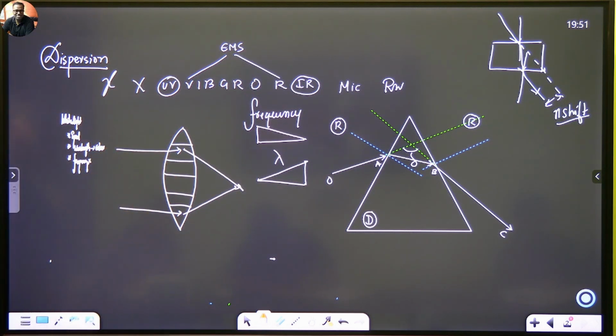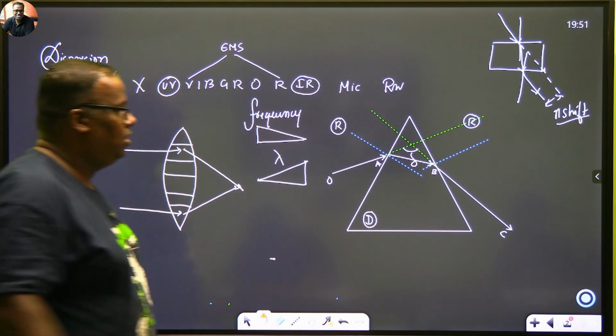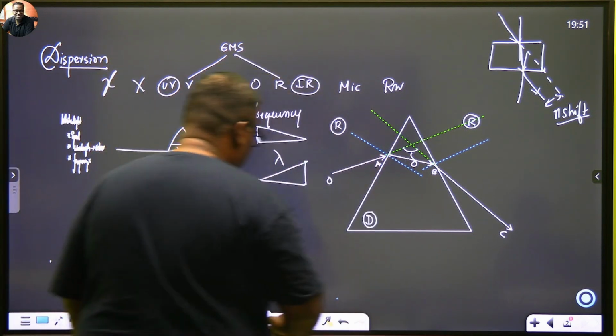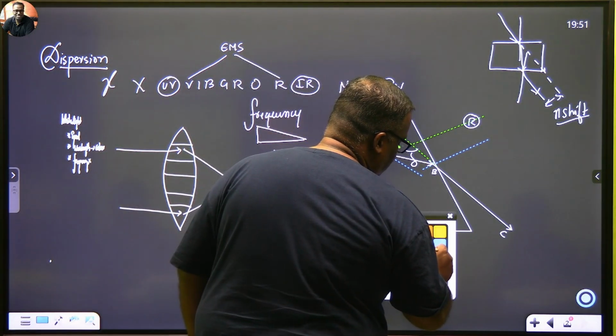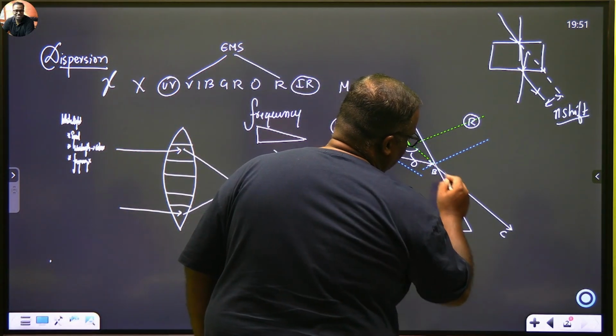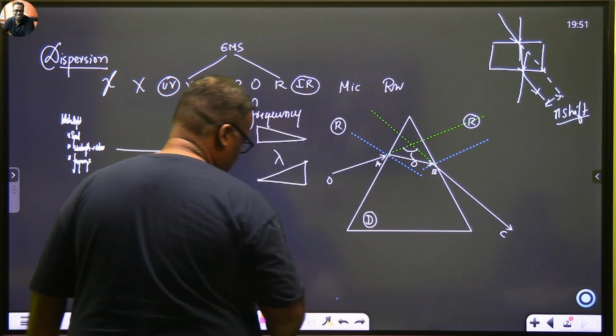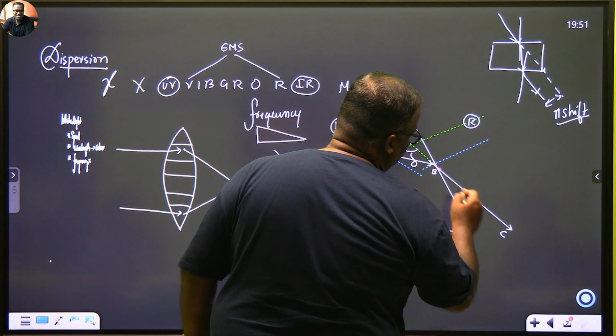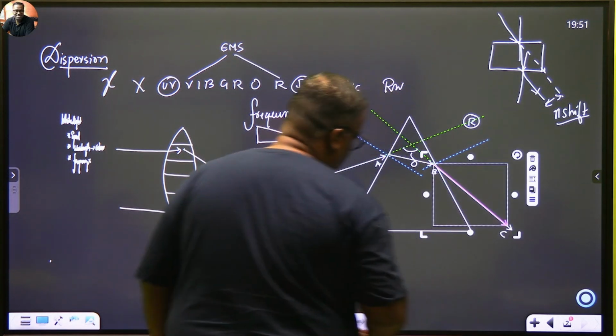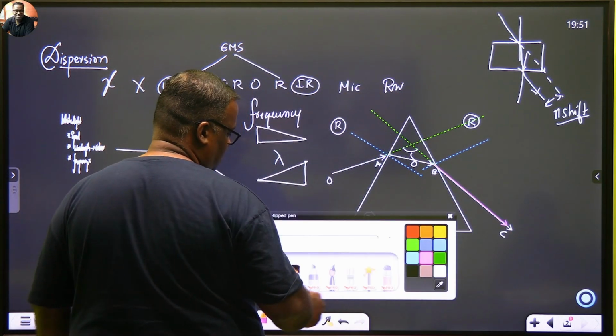Now, the discussion that comes here is that this is the actual drawing, but in reality, I'm going to have many colors. So the first ray that I'm going to have, it is the pattern of VIBGYOR, now written in reverse order.